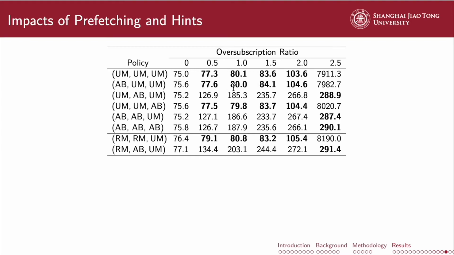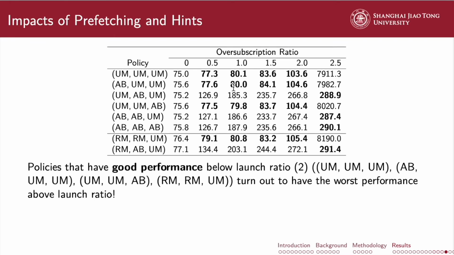Under oversubscription, the policies that have good performance below the launch ratio turn out to have the worst performance above the launch ratio. And the good performance policies have one thing in common. They all set the policy AB to B, the matrix that 4 pages come from.